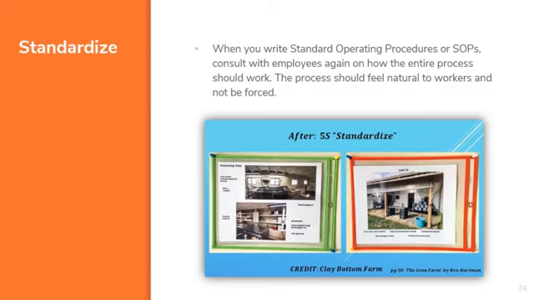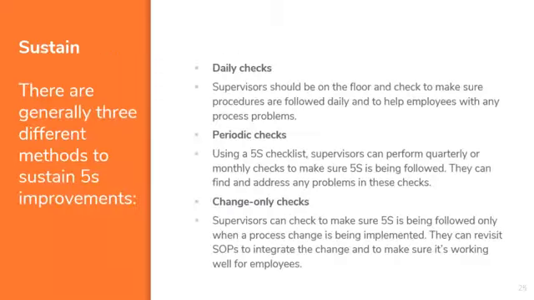And next one, you have to take note of sustain. So sustain, there are generally three different methods to sustain the 5S improvement. So we have here daily checks. Supervisors on the floor should check and make sure that the procedures are being followed daily. Periodic checks.